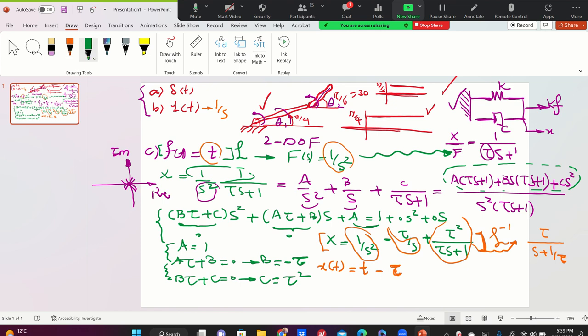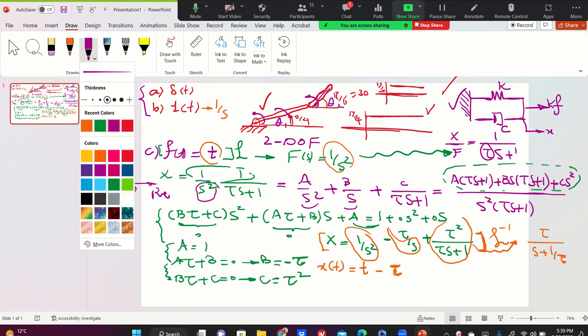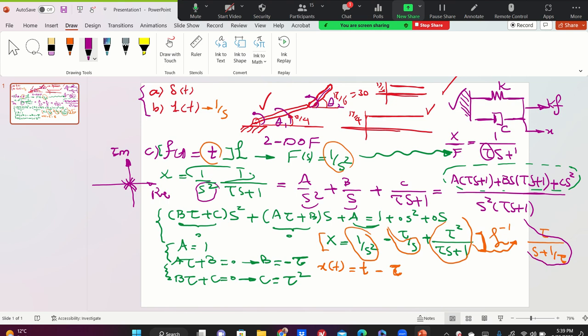So which function gives you such a transfer function? Now you know it. Yes, it's tau e to the minus t over tau. And let me delete this.